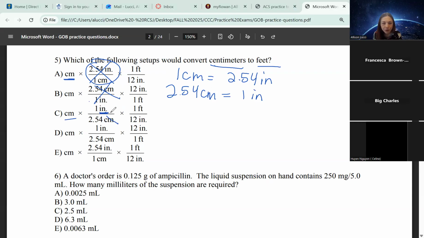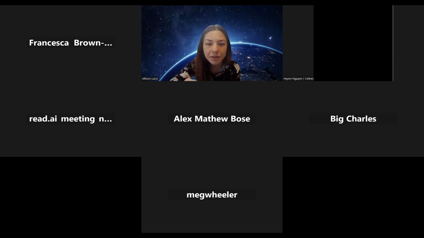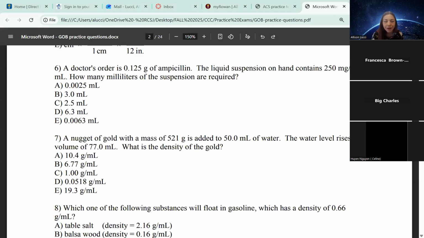Inches, now 1 inch would cancel with my 12 inches per foot here. So answer choice C would be a good one for this type of question. So don't forget to make sure your units cancel and that your conversion factors are oriented in the correct way. And then usually problems don't require lengthy calculation. They'll just require setup, and then you usually can eliminate answer choices, but calculations should be short and quick.